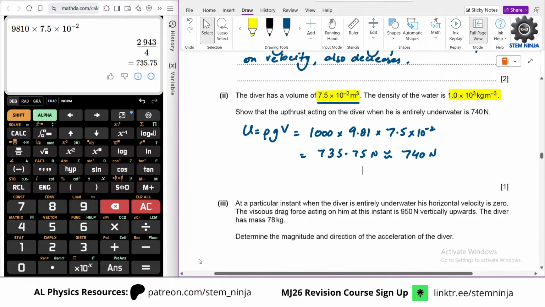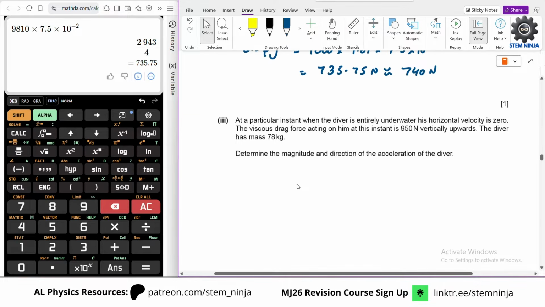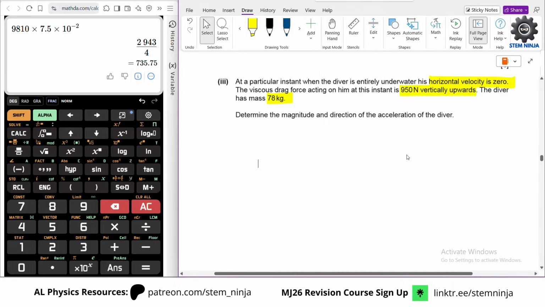Right, okay. At a particular instant, when the diver is entirely underwater, his horizontal velocity is 0. The viscous drag force acting on him at this instant is 950 newtons vertically upwards. The diver has mass 78 kg. Determine the magnitude and direction of the acceleration of the diver. So for example, this is the diver.